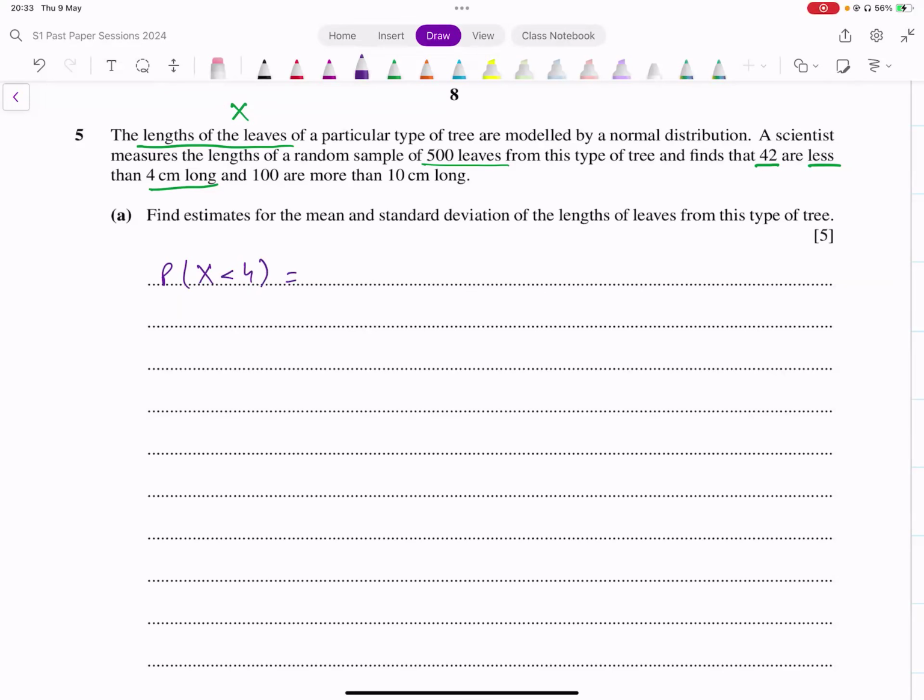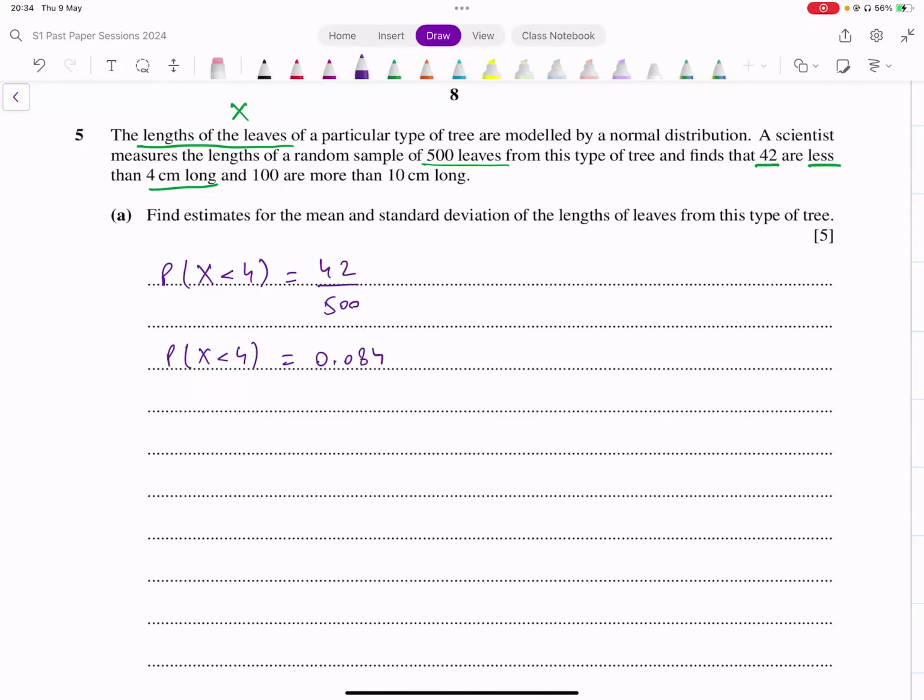What's that? 42 out of 500, right? It's the concept of relative frequency. Probability can also be defined as relative frequency, right? So 42 is the number of favorable outcomes, total outcomes are 500. So probability is 42 over 500.